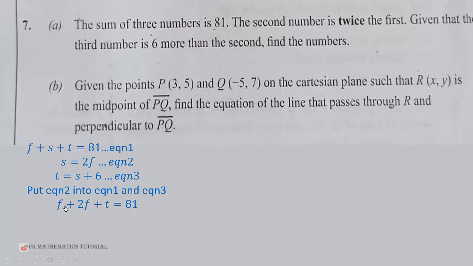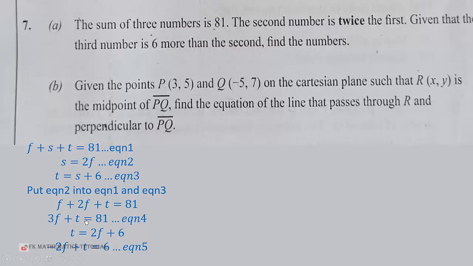We can simplify this: F plus 2F will be 3F plus T equals 81. Then again, S equals 2F, so whenever we see S, we put 2F. So we get T equals 2F plus 6. So we can rewrite this as negative 2F plus T equals 6. I just sent the 2F to the side to become negative.